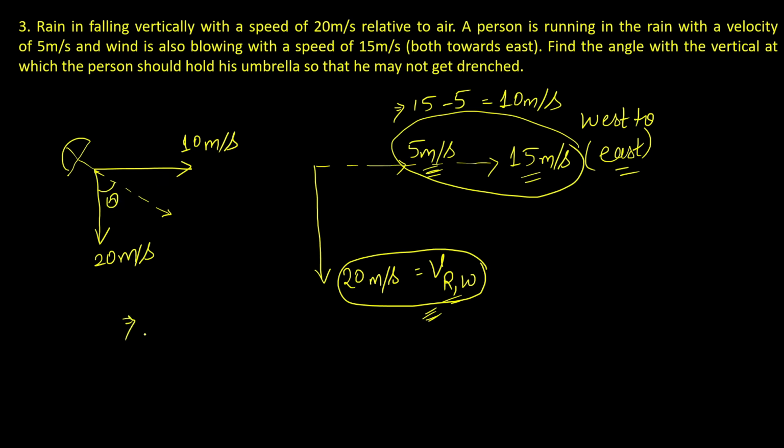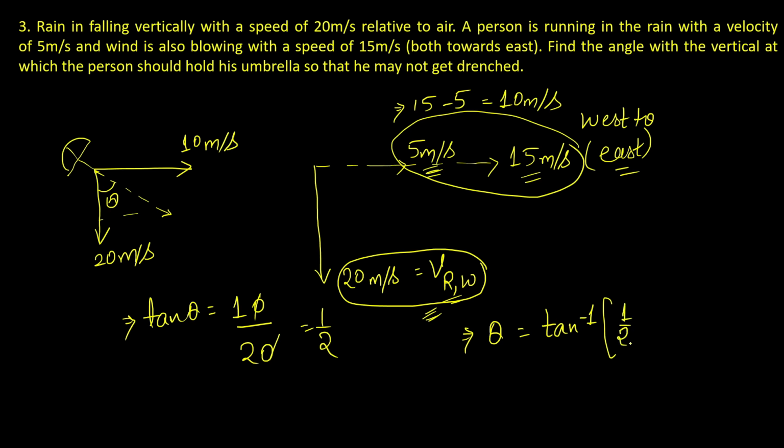So what will be theta? Well, tan theta will be equal to 10 upon 20. So this is equal to half. So theta will be equal to tan inverse half. So this is the answer. The man needs to hold his umbrella in this direction, tan inverse half with the vertical.